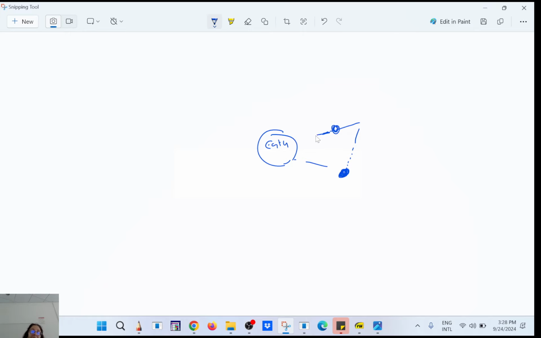Gravity is pulling in, which is the centripetal force. So the orbit is going to be a circular orbit, and the centripetal force is gravity pulling in. Without that speed, it will crash.